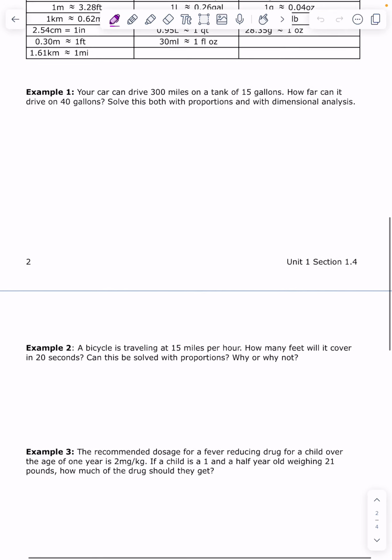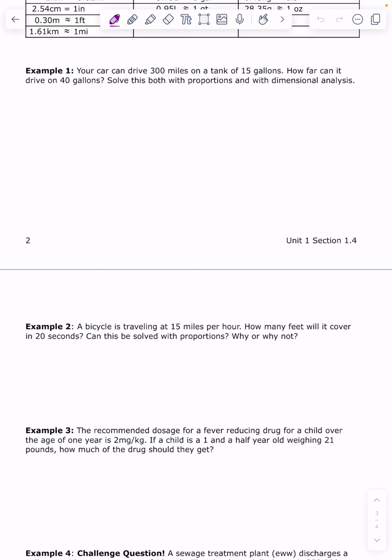All right, so first example is you can drive 300 miles on a tank of 15 gallons. How far can it drive on 40 gallons? So in other words, how far can the car, truck, or vehicle go on 40 gallons?